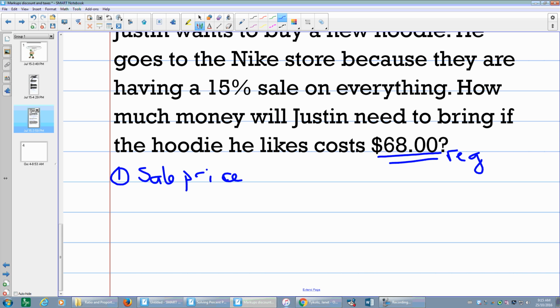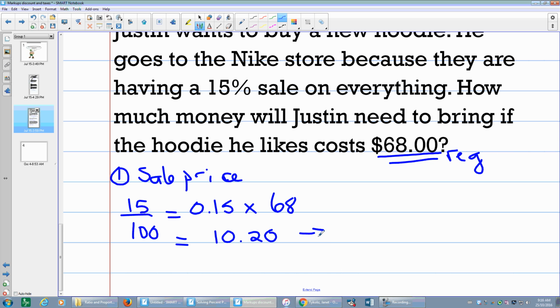So it's 15% off. I write 15 over 100, which gives me 0.15. And I'm going to times that by my regular price, which is $68. We get $10 and 0.2, which is another way of saying 20 cents.